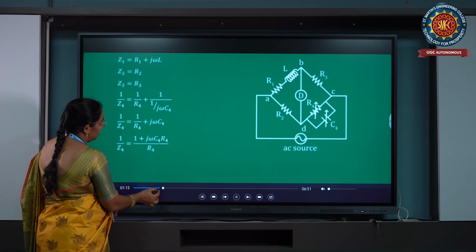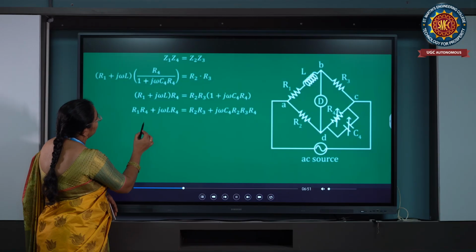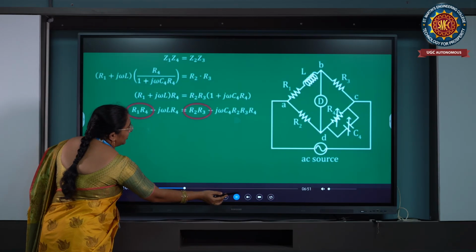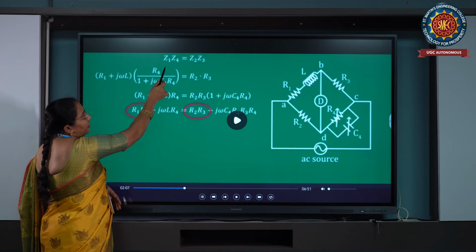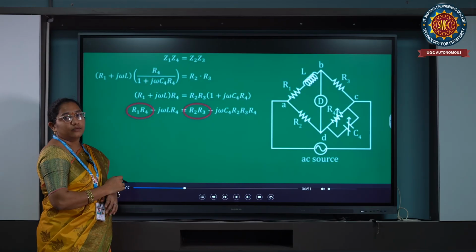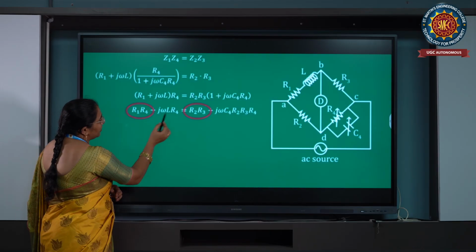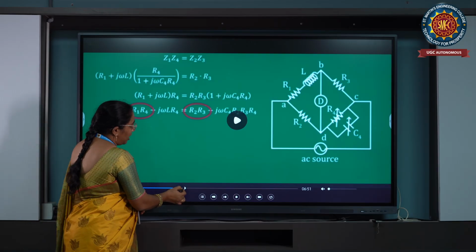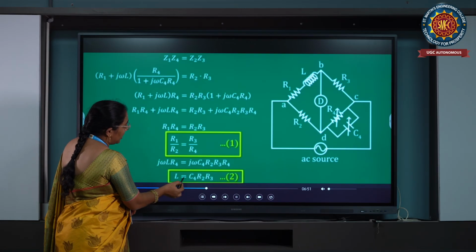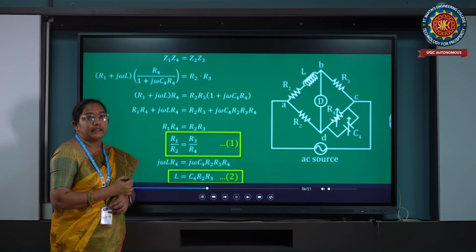These impedance values are substituted in the balance equation, and we get the unknown resistor value and inductor value.